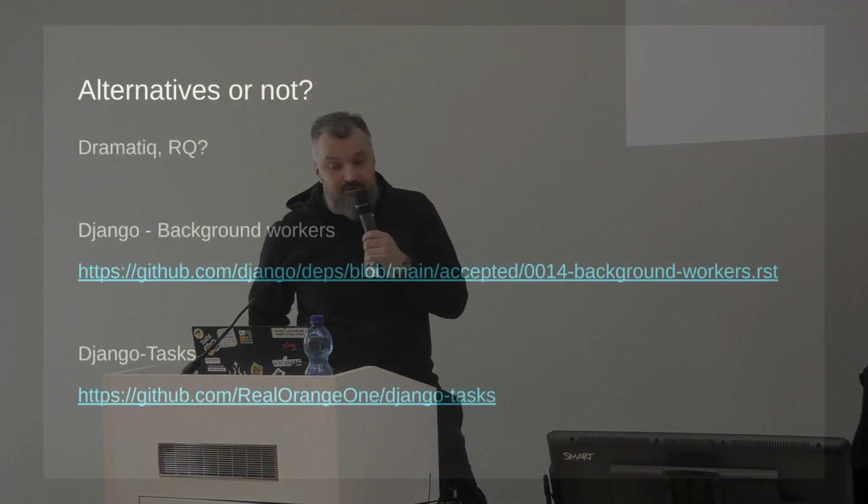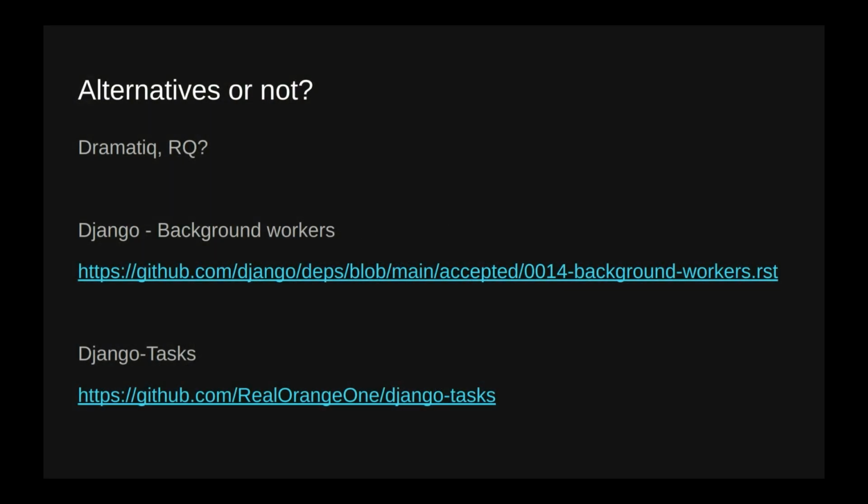And so we looked at the alternatives, like Dramatiq and RQ and others, but basically they do not have good support for ETA. There was a promising project with Django background workers, but unfortunately Django decided to build an abstraction layer over any messaging queue and task runner instead of building something on their own.